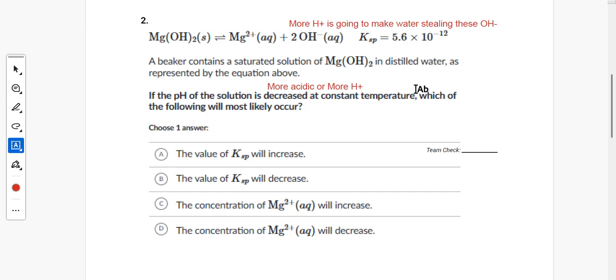It's going to steal those OH ions and reduce those OH ions. So there's going to be less products. So more of the Mg(OH)2 is going to need to dissolve to replace them. Okay, so is this going to cause the KSP to increase, or will it decrease, or is the concentration going to increase or decrease?